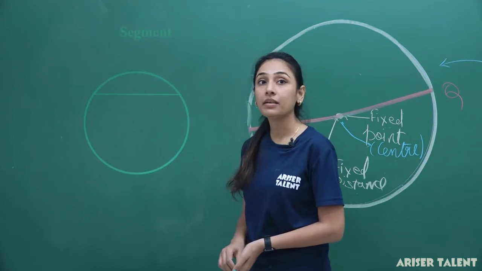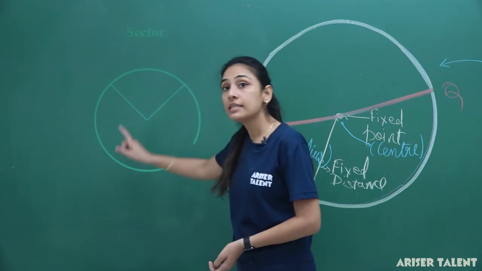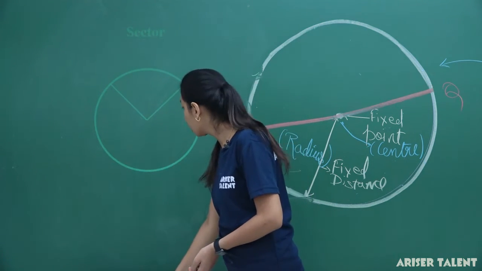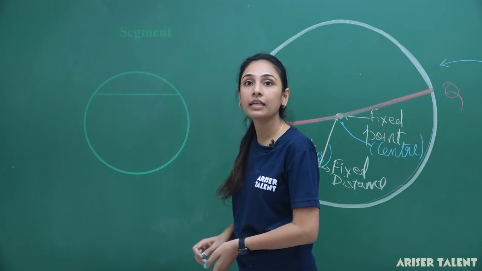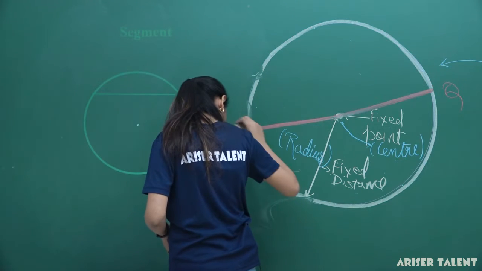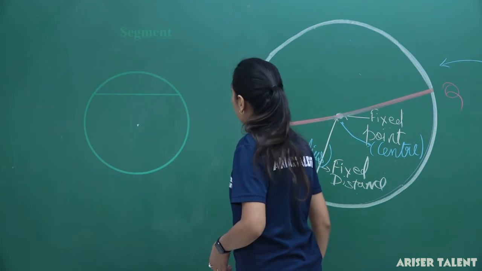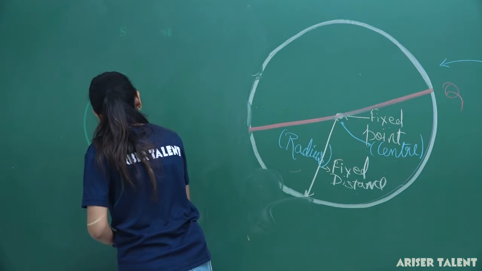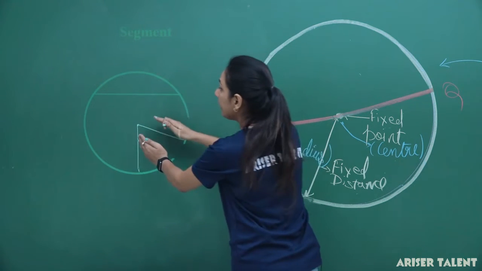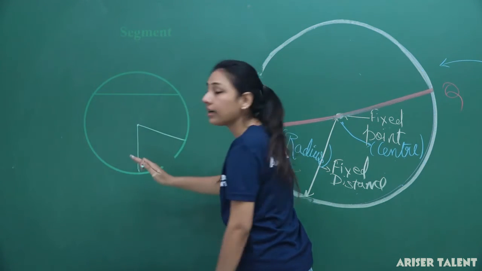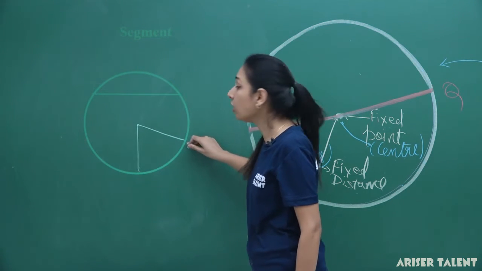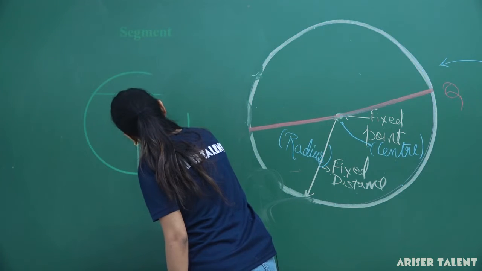Right. Segment. Again, sector here. Segment, this is something different. A sector was when I had these two radii, and the complete area enclosed by these two radii and this arc was my sector.